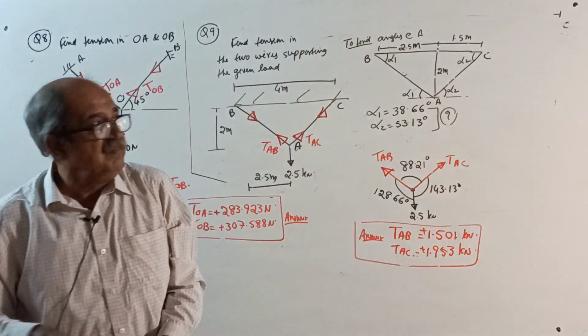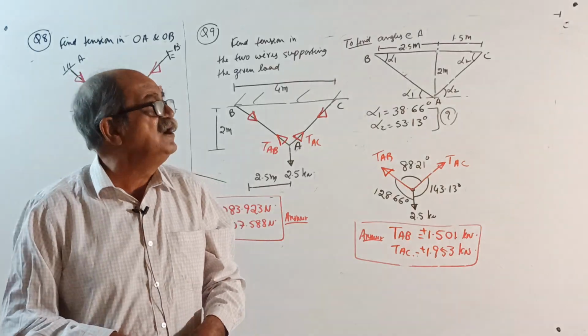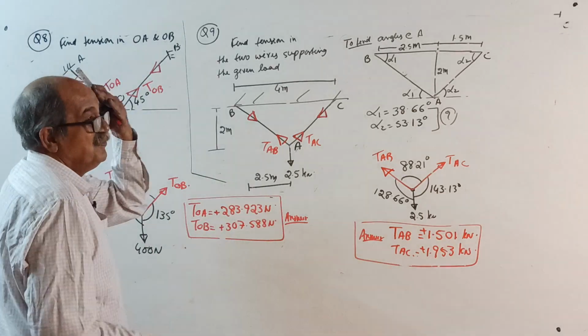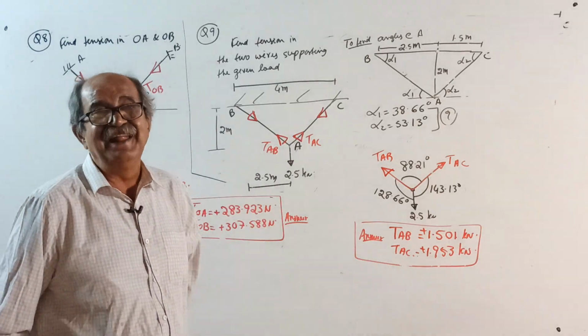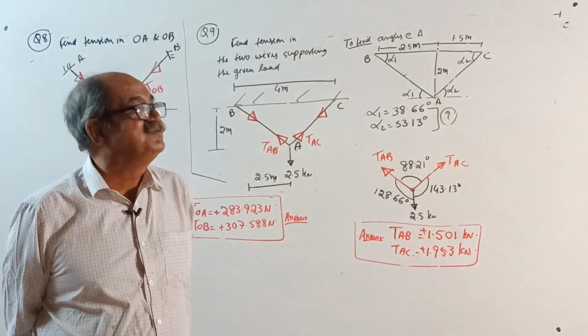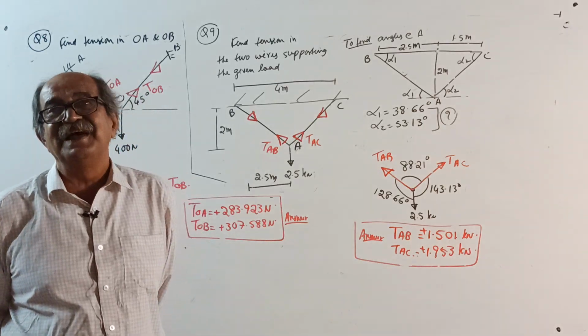Now, not much left. Class is very short. I can start new one. No. Let me finish everything for Kani's method. Sorry, not Kani's method, Lami's theorem. Lami's theorem I use for engineering mechanics. Kani's method I use for structure analysis.